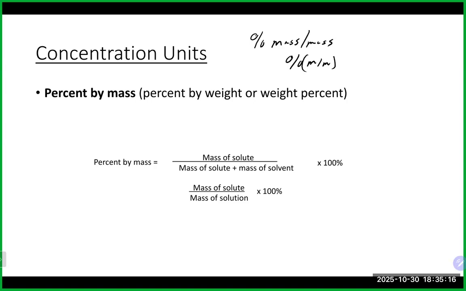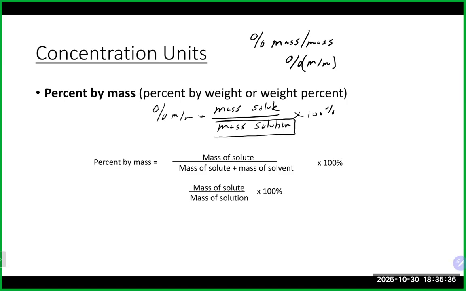To calculate the percent mass to mass, it is the mass of the solute divided by the mass of the solution, times 100%. The important part when you do this calculation is actually the bottom. And again, a reminder that the solution is made up of two things, the solute plus the solvent.